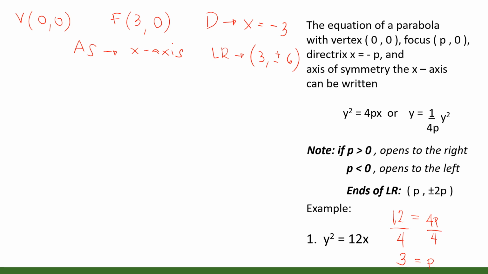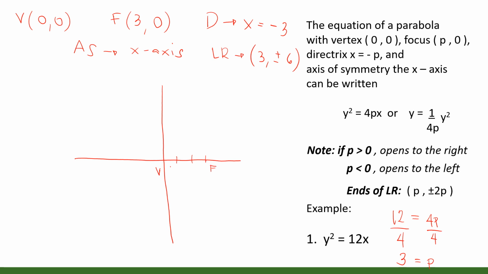Draw the graph. Cartesian plane again. Let's make it. Vertex at the origin. Focus is at 3, 0. So from the origin, we count 1, 2, 3 units. So this will serve as our focus point.